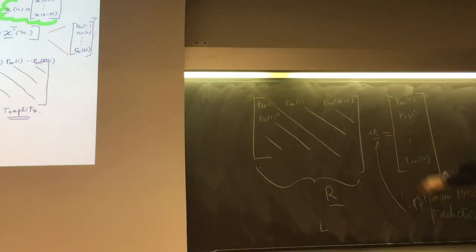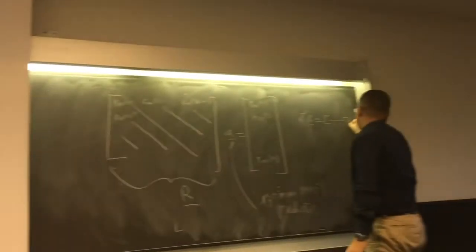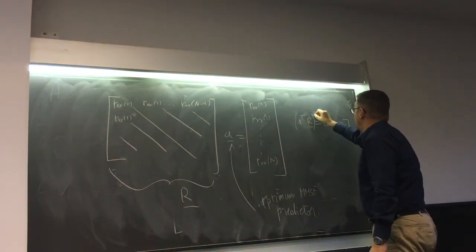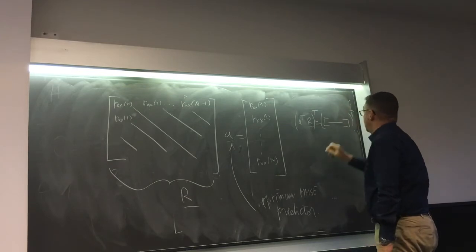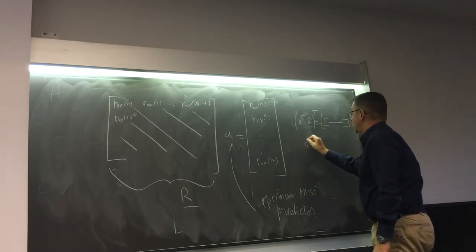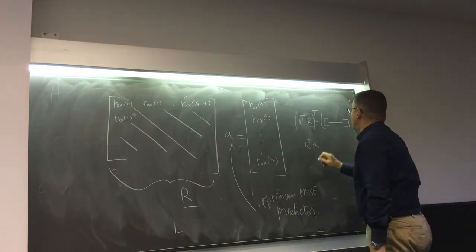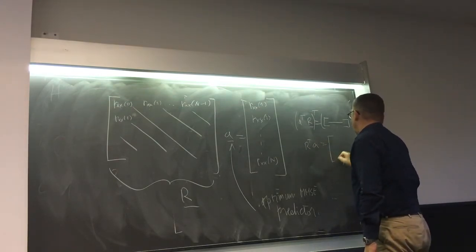Look there. I have A transpose times a matrix R equal to a row vector. If I take the transpose on the right and on the left, I get R. It's R transpose, but it's symmetric. So I have R multiplied by A equal to a column.